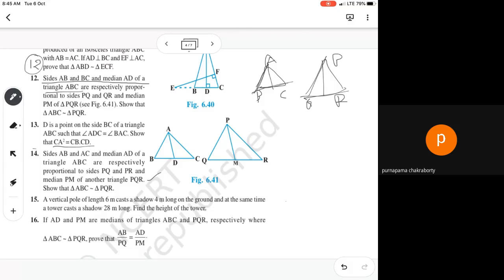AB, BC and median AD are given, along with PQ, QR and PM. Most students will get confused with the 14th question. Here AB, AC and median AD are proportional to PQ, PR and PM. So this is the difference here. In the 12th problem, AB, BC and median AD, PQ, QR and median PM are given. Okay, did you understand?